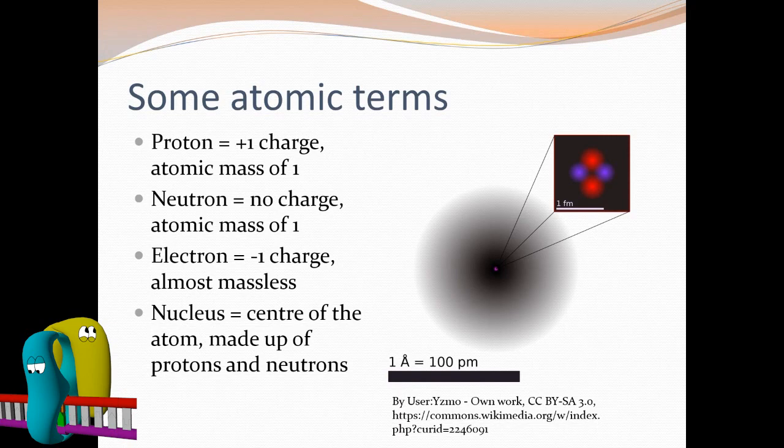So actually, the old image, whilst convenient, doesn't really get the scale or the vast relative area that electrons can be moving around in. Just on this image, the black area is the electron field, and the nucleus is this tiny red and purple dot in the middle, with, I believe, the protons in red and the neutrons in blue.